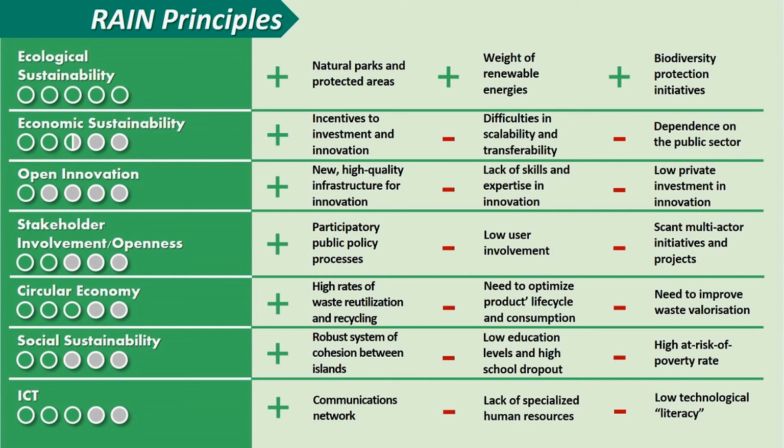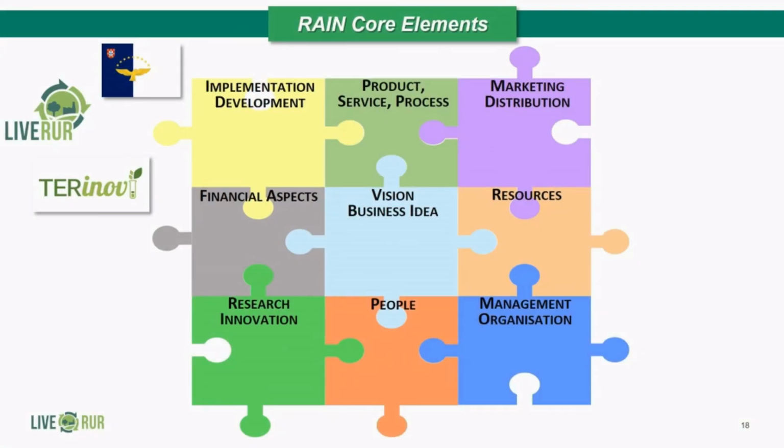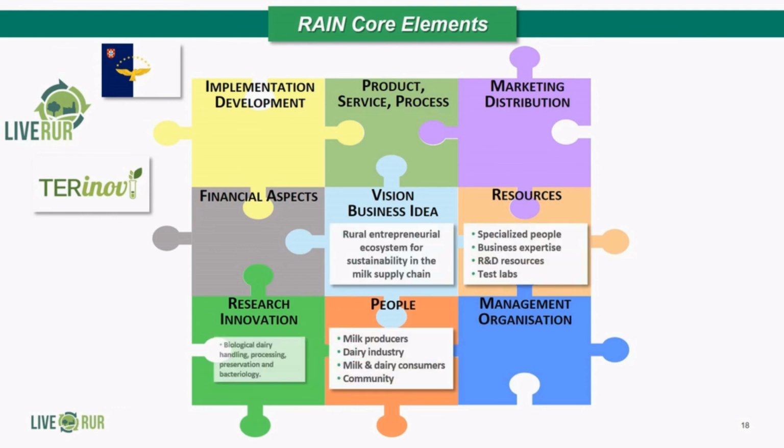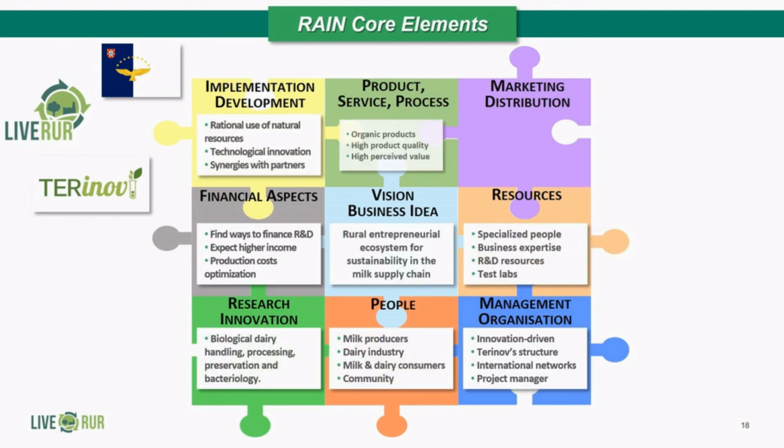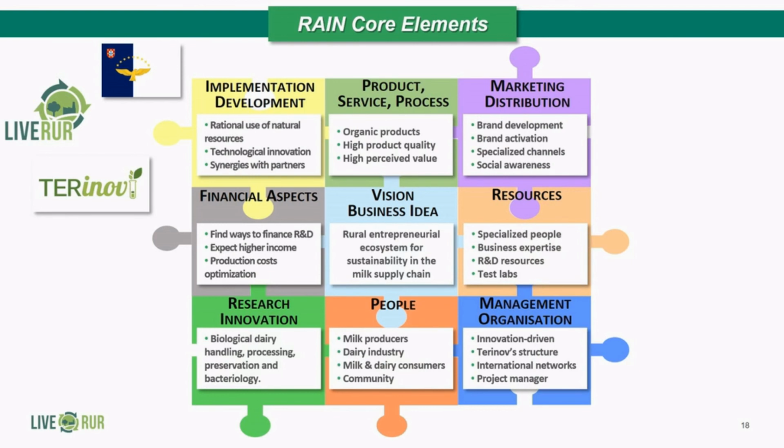As this simple table shows, there are a lot of opportunities, but also many features that may hinder the business model. Each of them must be considered carefully. When considering the Azores real-life setting and its RAIN principles together with LIVERUR's goals, it is possible to develop a business model for the Pilot Living Lab aiming at innovation in the Azores milk supply chain in order to create sustained competitive advantages.